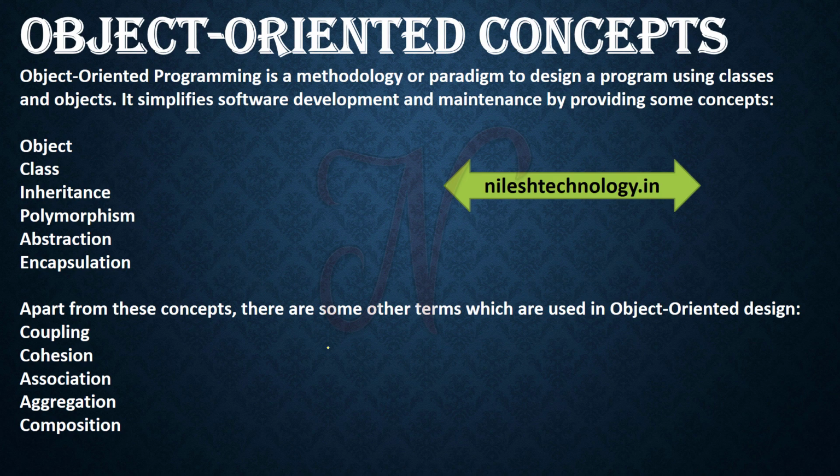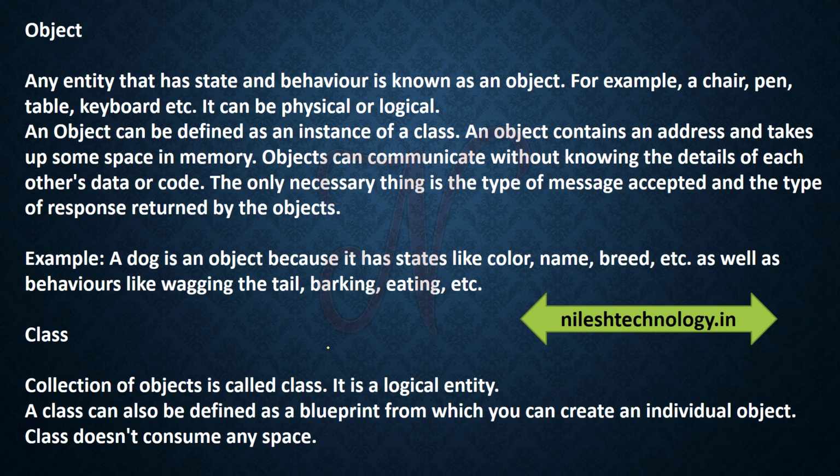All of these concepts are similar to C++. First we see object and class. A collection of objects is called a class. In a class you can define different functions, methods, and variables. This is one logical unit or block. It is a blueprint from which you can create an individual object.